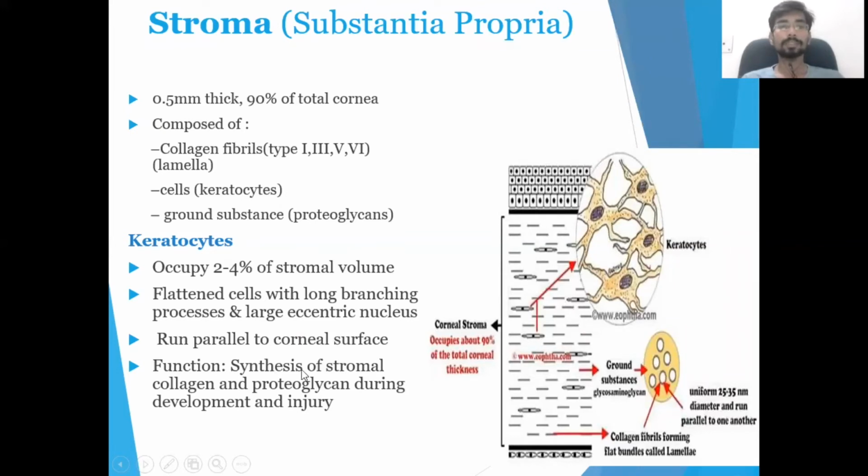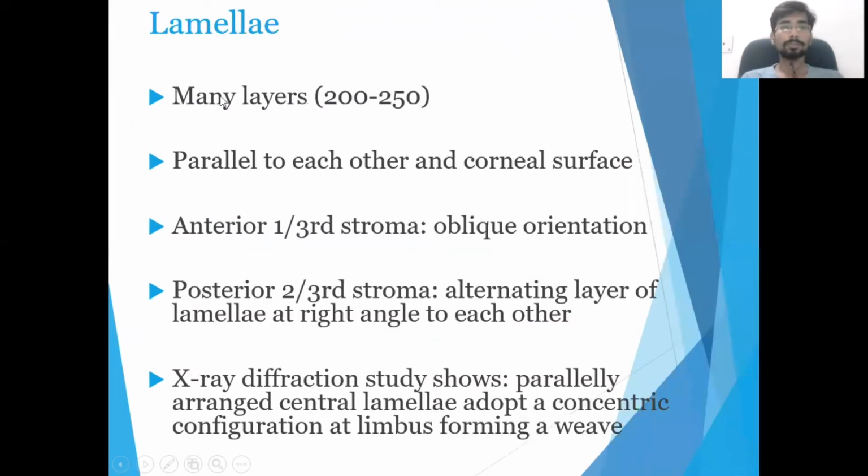Their function is synthesis of stromal collagen and proteoglycan during development and injury. Collagen fibril lamellae are many layered, 200 to 250, parallel to each other on the corneal surface. Anterior 1/3 stroma is oblique in orientation, posterior 2/3 stroma has alternating layers of lamellae at right angles to each other.